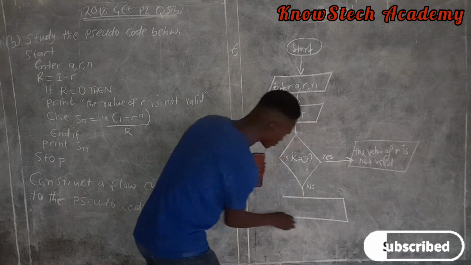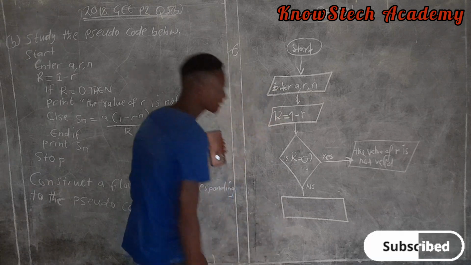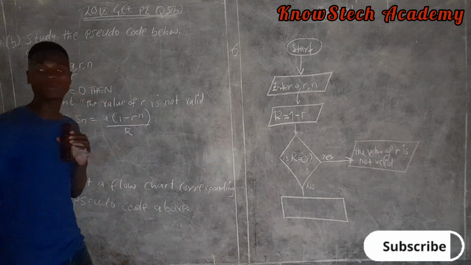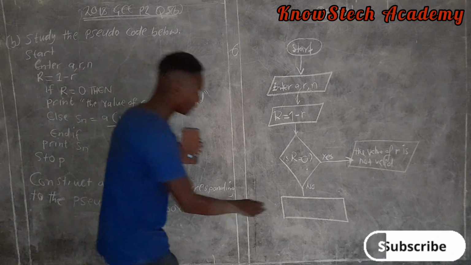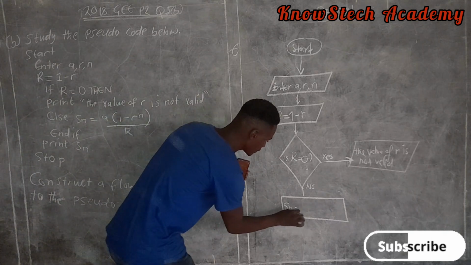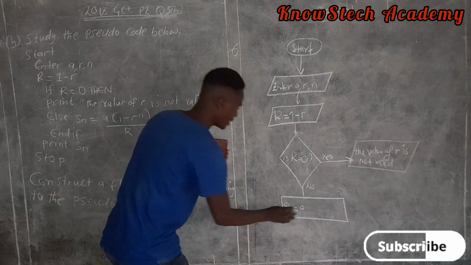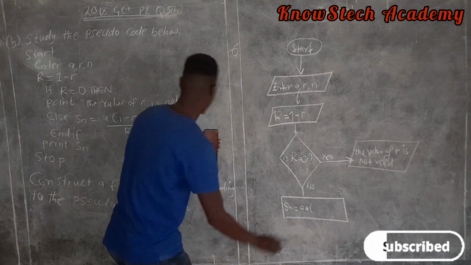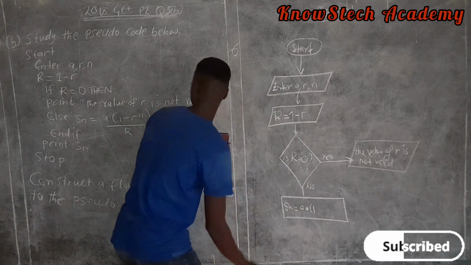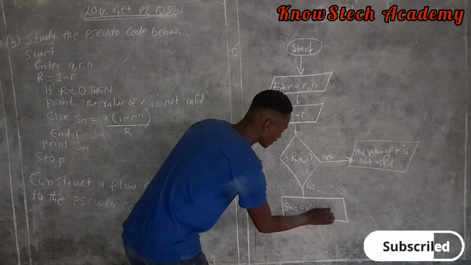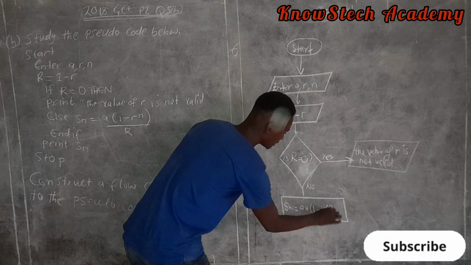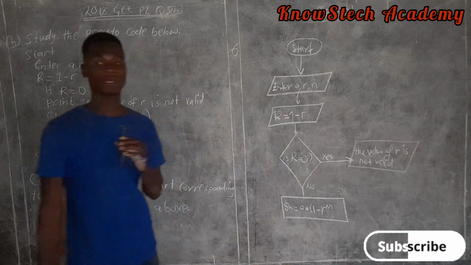So else meaning we are solving here, so we are going to write a rectangle, which is an action box, and put this formula inside, which is Sn is equal to A multiplied by 1 minus R to the power n. Is this how you write to the power n?